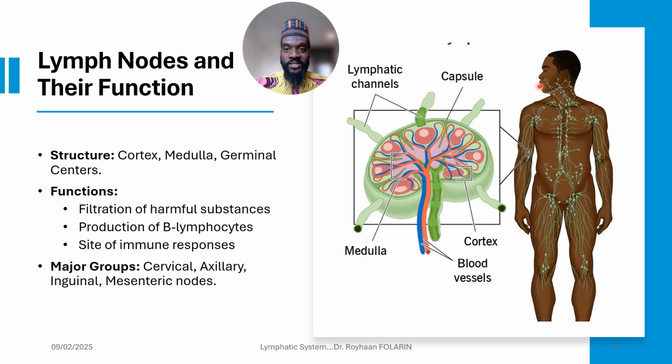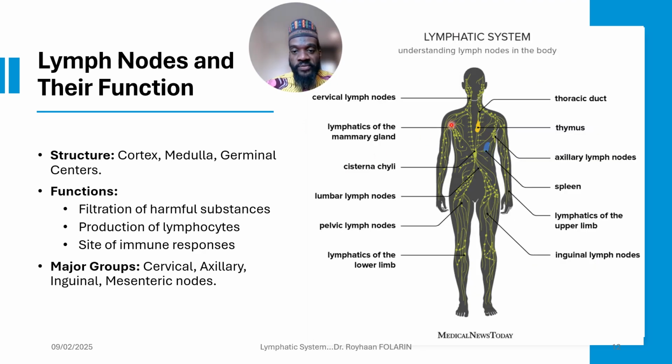And when you feel or experience swollen lymph nodes, it often indicates an active immune response to infection. And here again is a picture that is further amplifying the cervical lymph nodes and then the axillary lymph nodes, which also receive the lymphatics of the mammary gland.